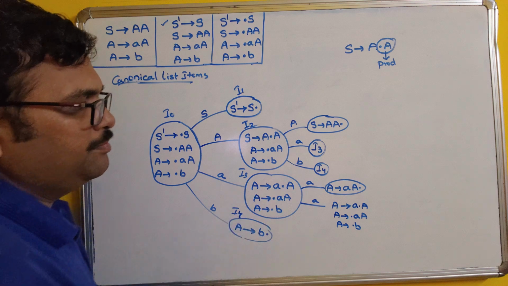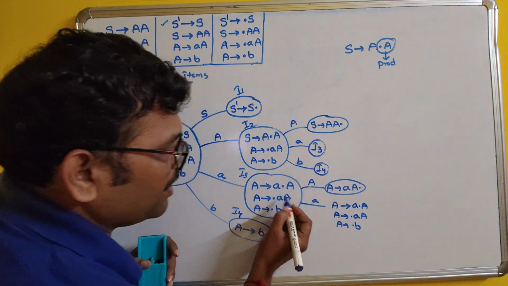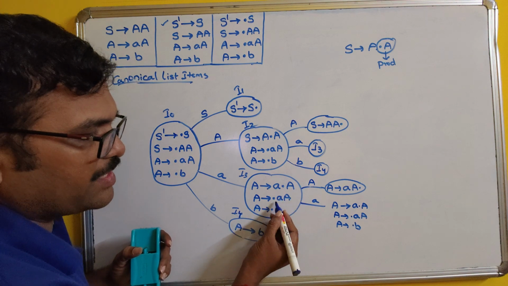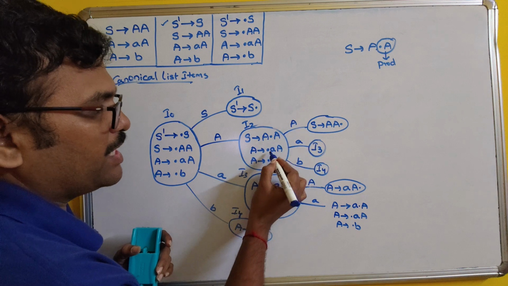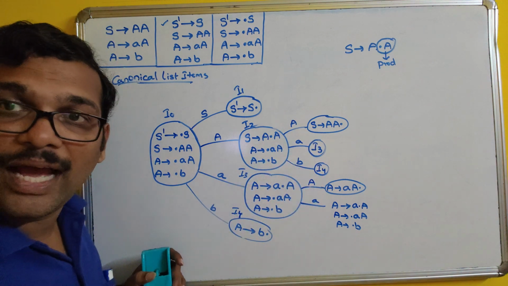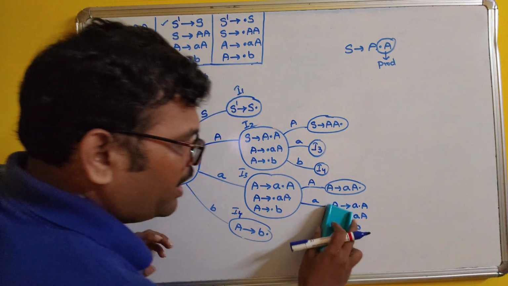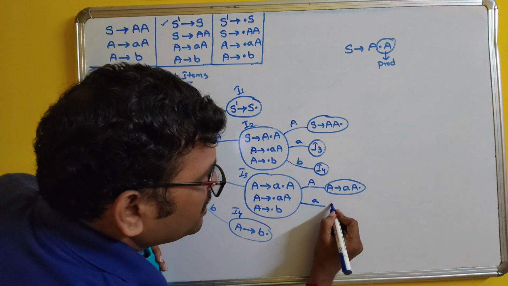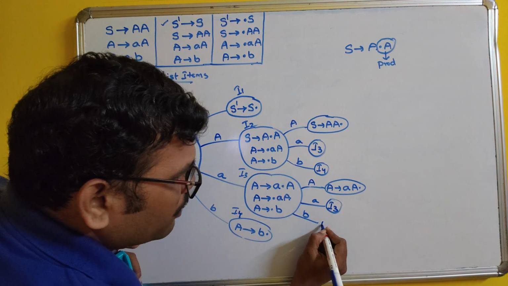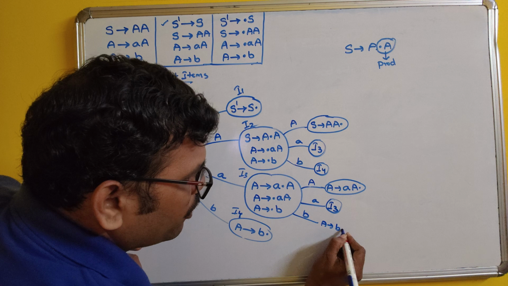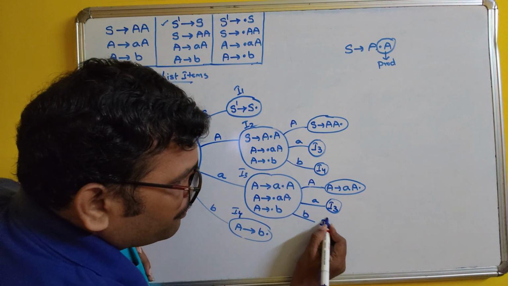So here it is capital A, parsing on capital A, parsing on small a, parsing on small b. After the dot, whatever the symbol we are taking, that we have to do. So the same thing repeated, and again it will go with the same loop, that means the same state I3. And again here on B, it will be A tends to B dot, which is nothing but I4. So again it will be I4.